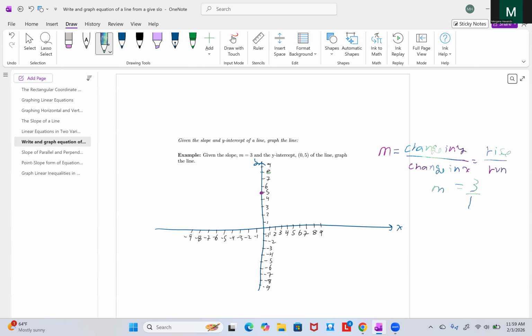So we found a second point on the graph of the line whose y-intercept is (0, 5) and slope is 3. Now we connect the two ordered pairs, and then we extend the line beyond them.